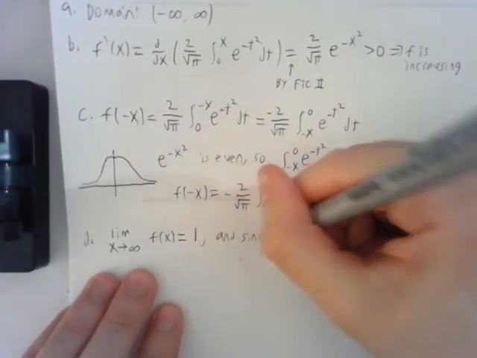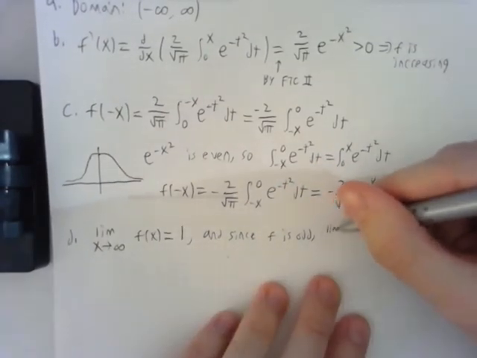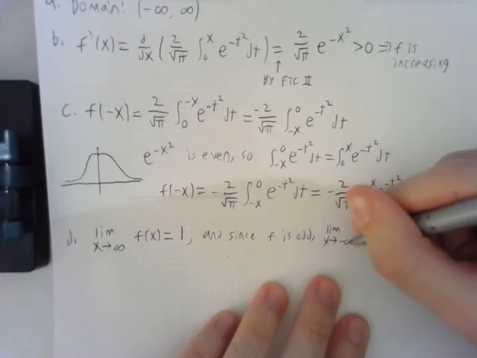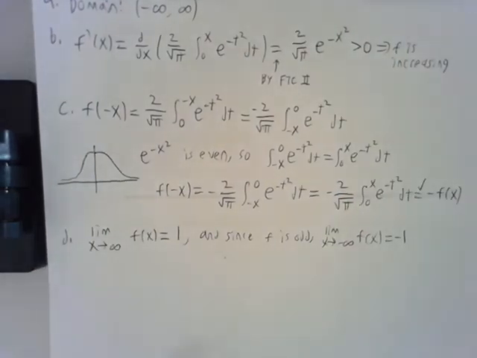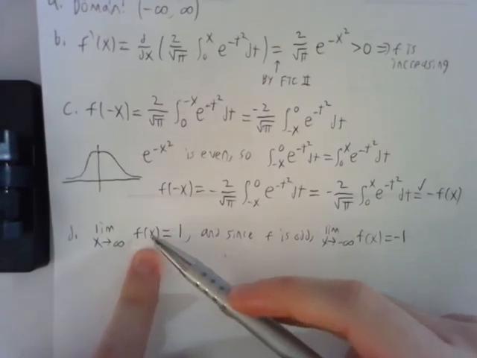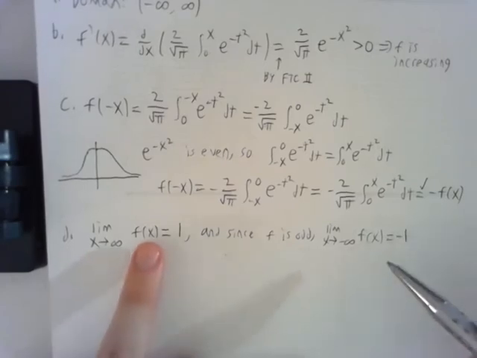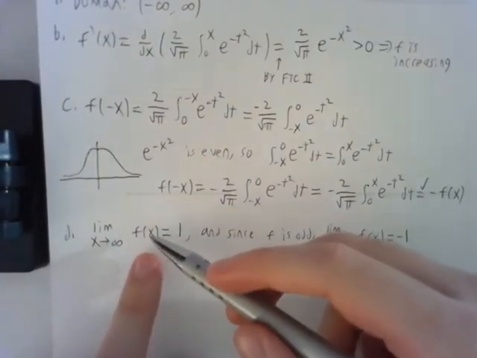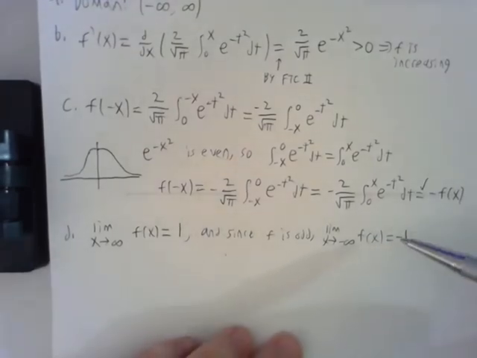And since f is odd, the limit as x goes to negative infinity of f of x is equal to negative 1, because we know that if we reverse the sign of x on the inside, then all we do is multiply the function value by a negative sign. So that means that whatever the values of f are as we go to infinity, the values as we go to negative infinity are negated, so they become negative instead of positive.